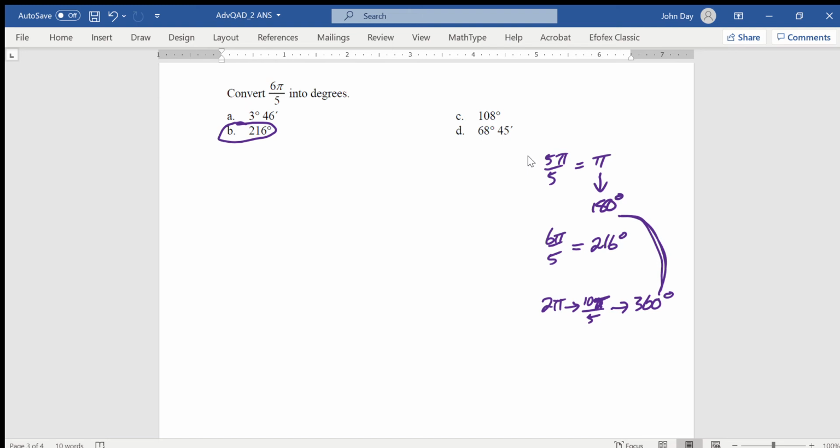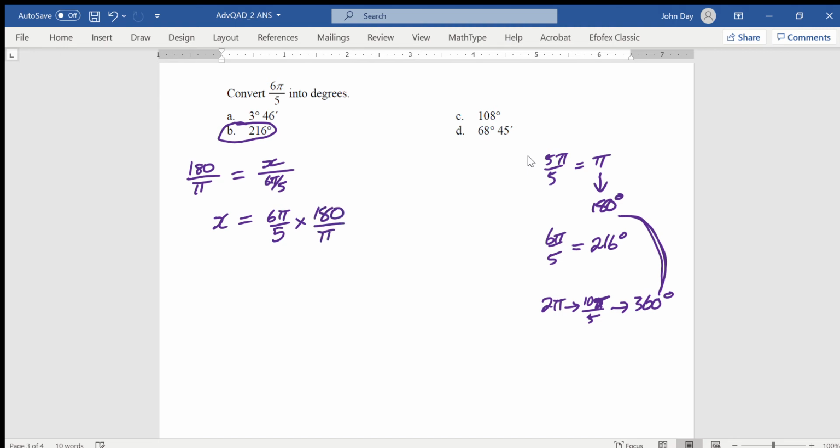Now, the other way to do it: people know that 180 degrees and pi are the same, and therefore x degrees and 6 pi on 5 have the same ratio. So x is equal to 6 pi on 5 times 180 on pi.